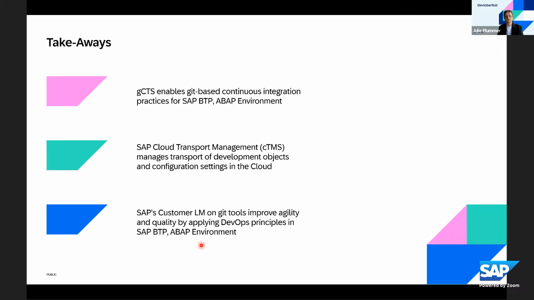Cloud Transport Management allows you to transport your development objects and your configuration settings also in SAP BTP ABAP Environment. And as a result, our customer lifecycle management on Git tools will apply some of the DevOps principles to your Steampunk systems and allow you to improve your agility and maintain quality in the cloud. Okay, so that is basically it.